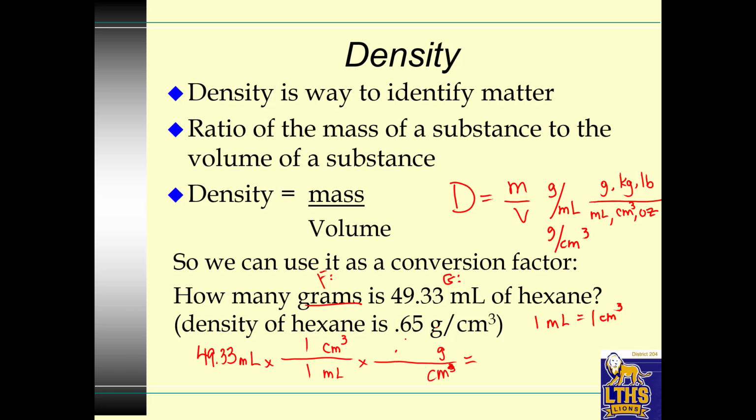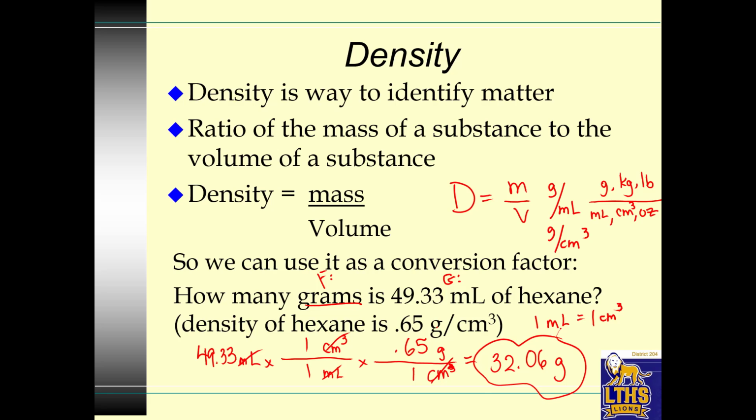So density means 0.65 grams for every 1 centimeter cubed. And that's just the density of hexane. This number would be different if it wasn't hexane. So milliliters cancel milliliters, centimeters cubed cancel centimeters cubed. We're left with grams. So I multiply all that together, and I get 32.06 grams of hexane if we have 49.33 milliliters. Yay, density!